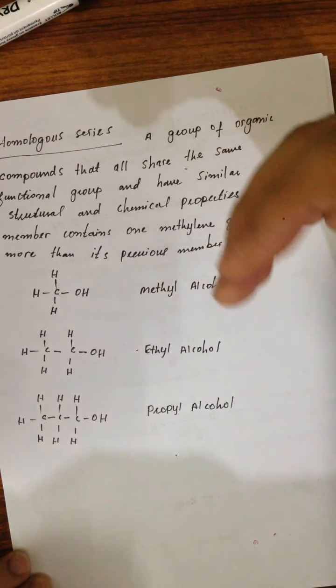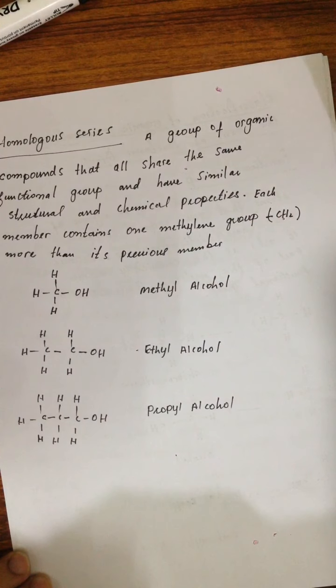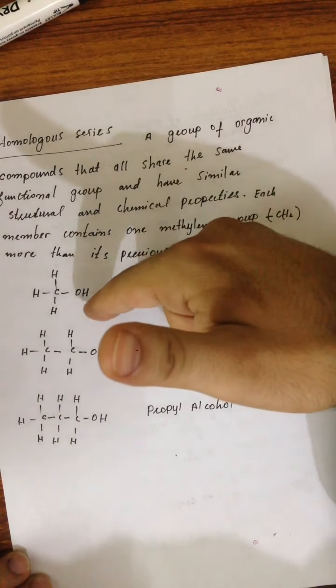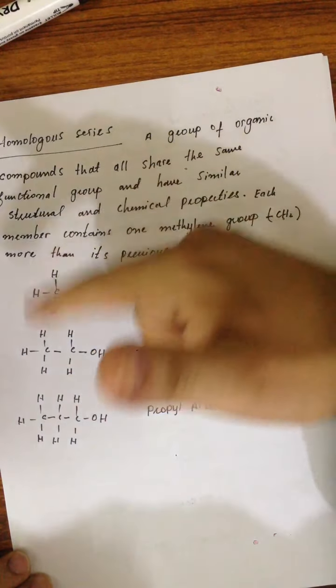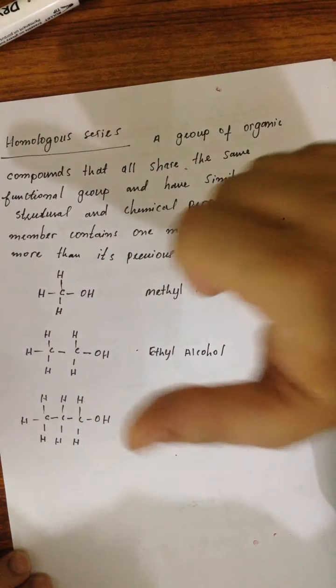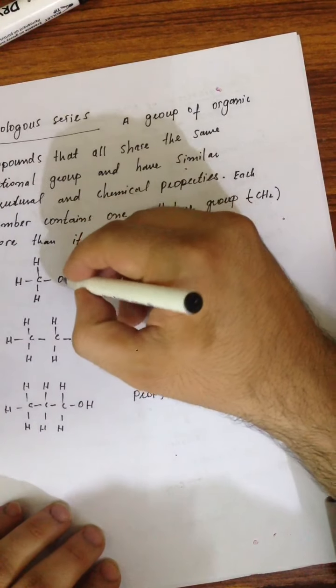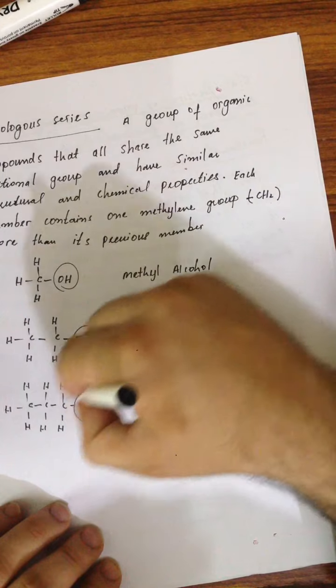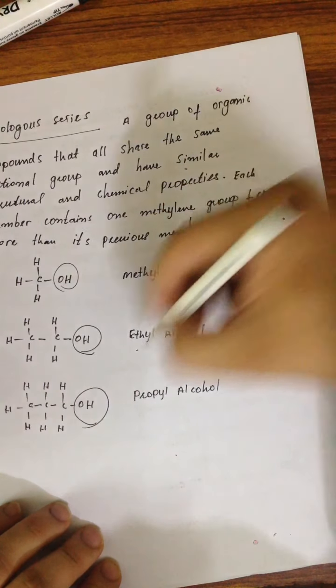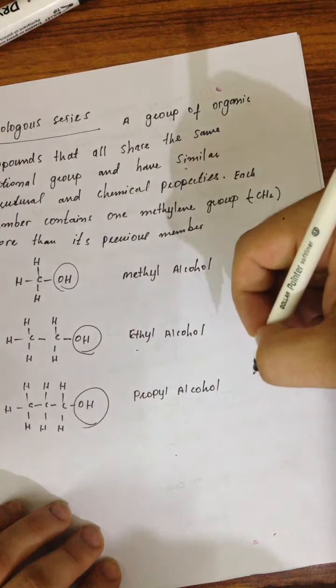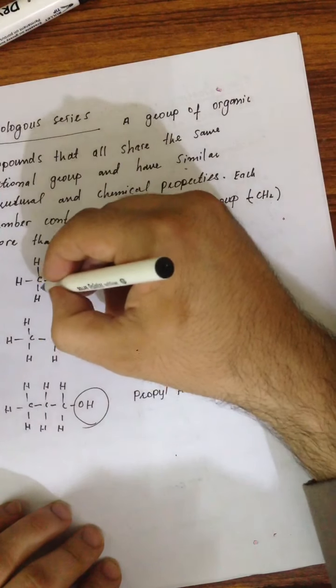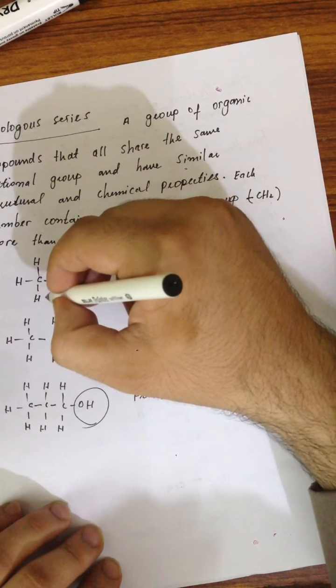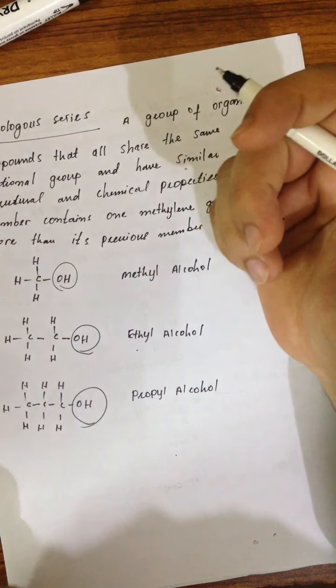That is why they show similar chemical properties and similar structural features. For example, in the alcohol family, there are so many members. All these members have some commonalities. They have the same functional group as in methyl alcohol, ethyl alcohol, and propyl alcohol. And they have the same structure. So their properties are going to be similar to each other.